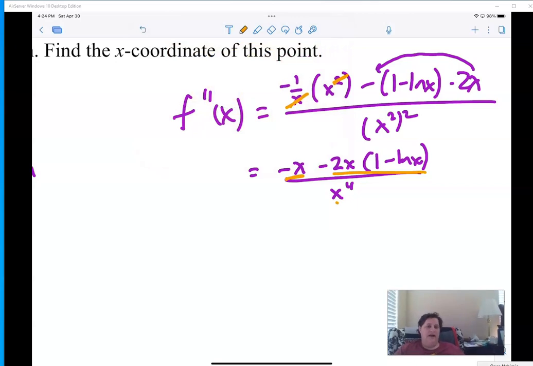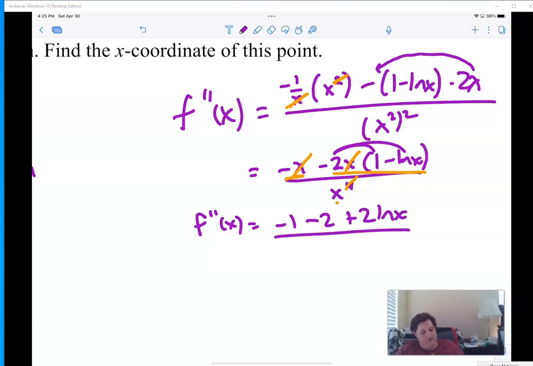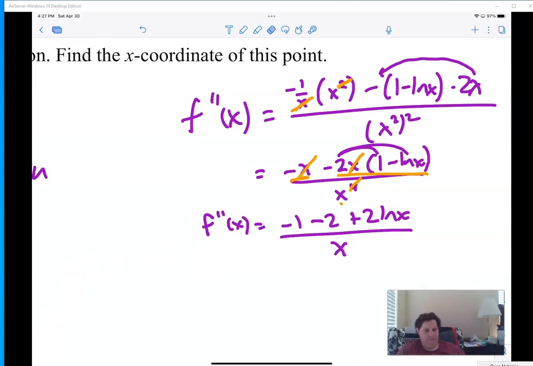A lot of times you'll be able to cancel something out of all parts. Here, I cancel x from each of these. That becomes negative 1. At this point, I'll go ahead and distribute that. That's going to become negative 2 plus 2 ln x over x cubed. There's my simplified second derivative.